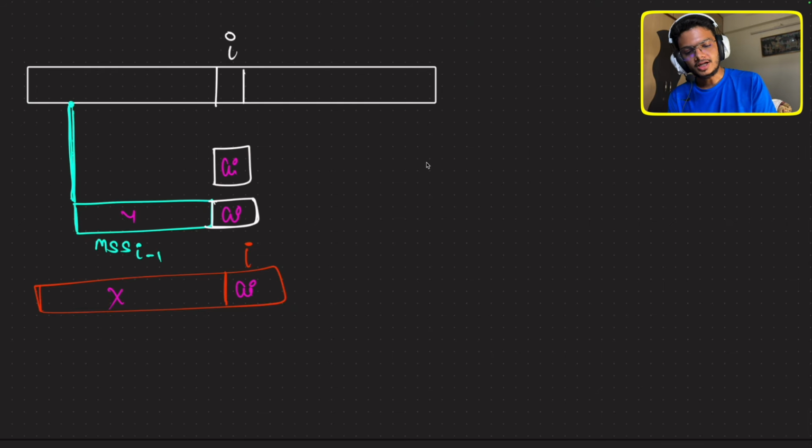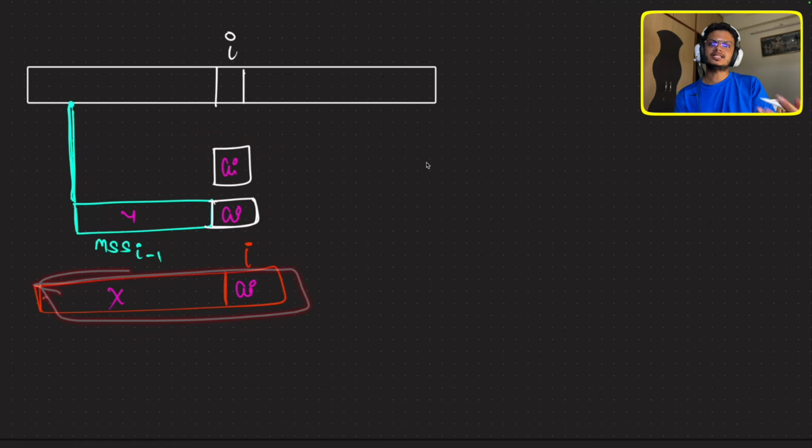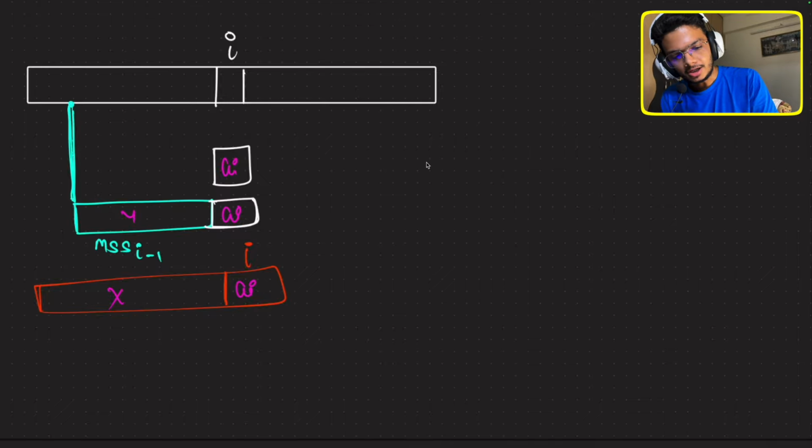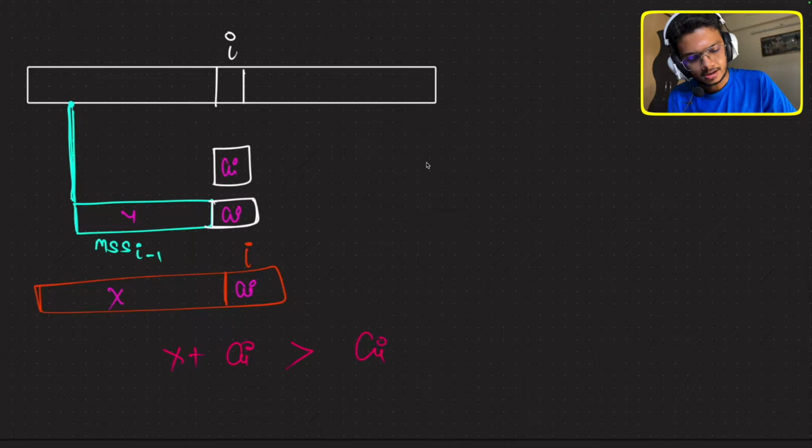Okay, so Kadane said you only had two options to consider, but I'm arguing no, you are wrong. There is one more subarray which is yielding the maximum sum. So what I'm arguing here is, this x plus ai is actually greater than ai, and x plus ai is actually greater than y plus ai.